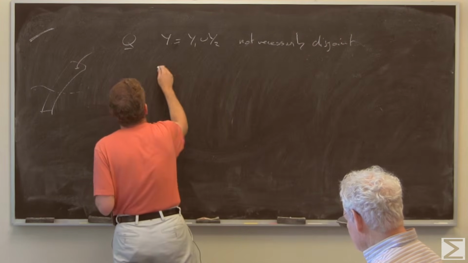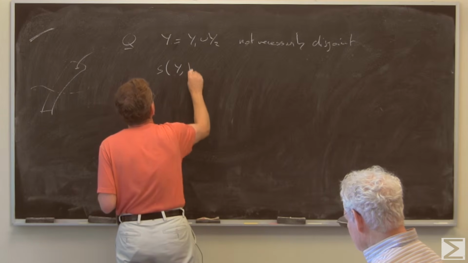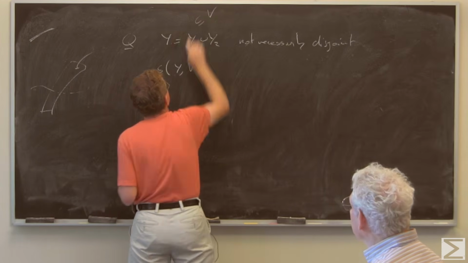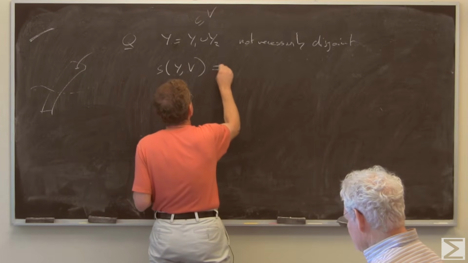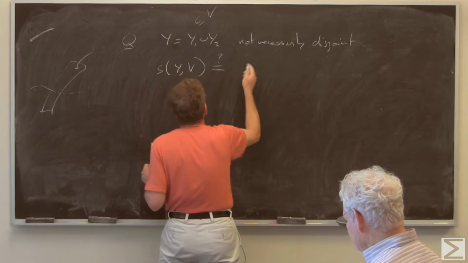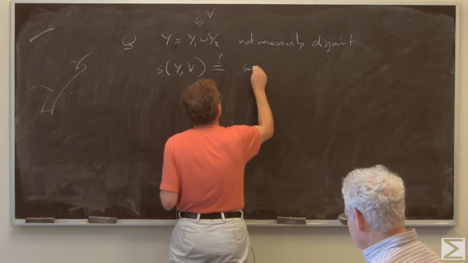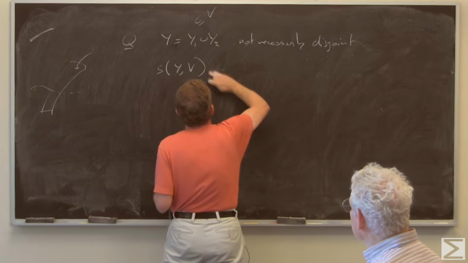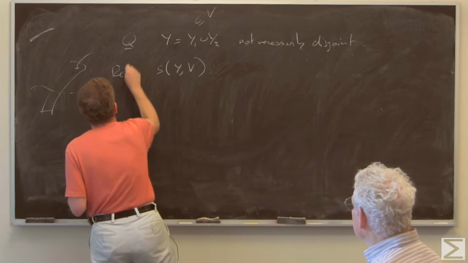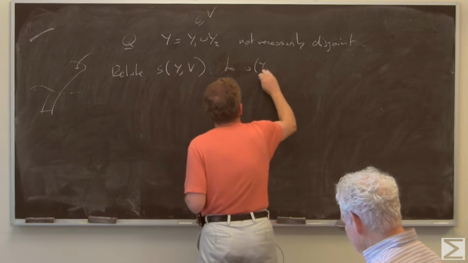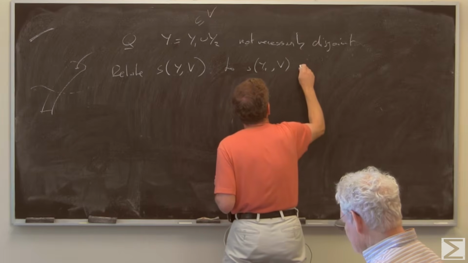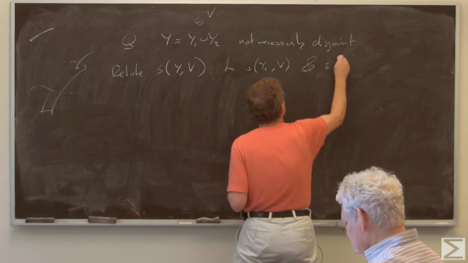And then a general question is, can you compute, and everything happens as usual in my ambient variety V, S(Y, V), is that in some way related to, the question would be, relate this to S(Y1, V) and S(Y2, V).